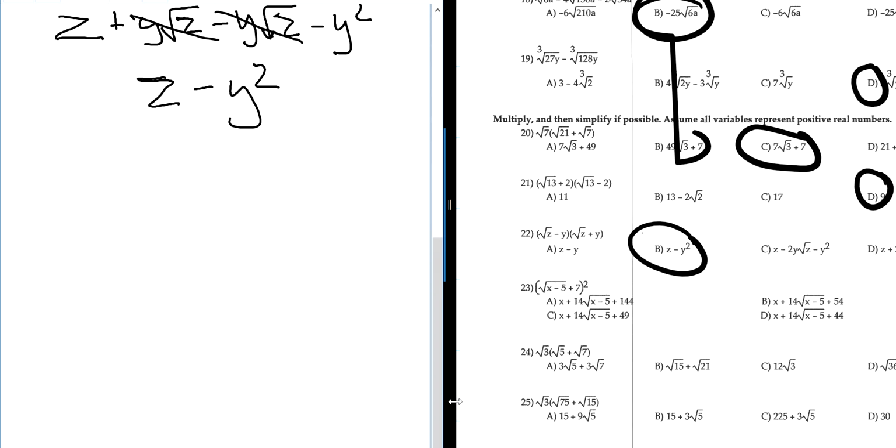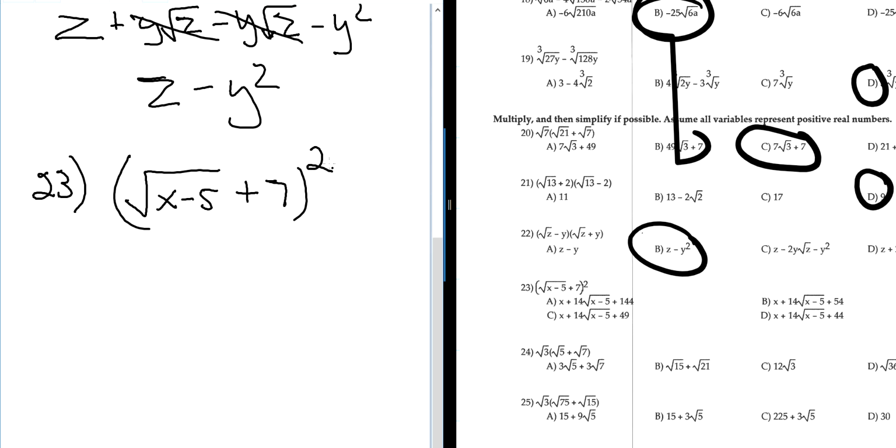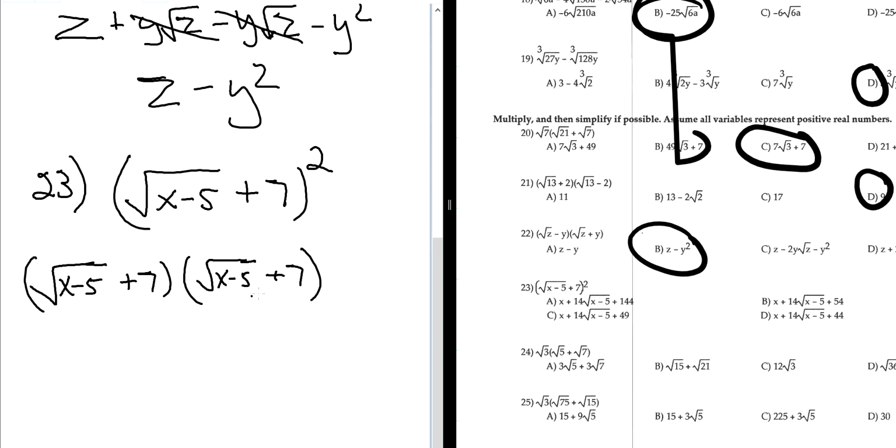Let's get one more in here, number 23. I've got this square root of x minus 5 plus 7 squared. And we said this is 2 of these, and then I'll FOIL this. Square root of x minus 5 times the square root of x minus 5 is x minus 5. Outside is going to be 7 square root of x minus 5.